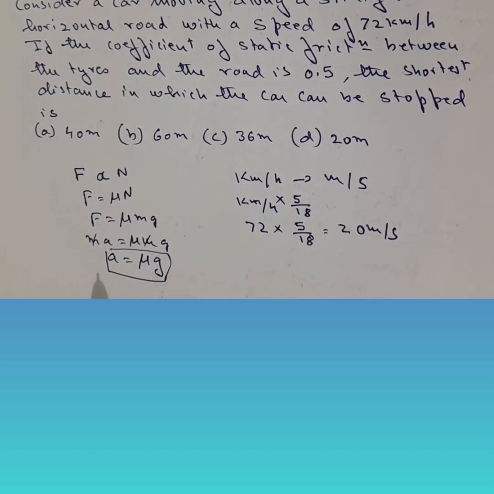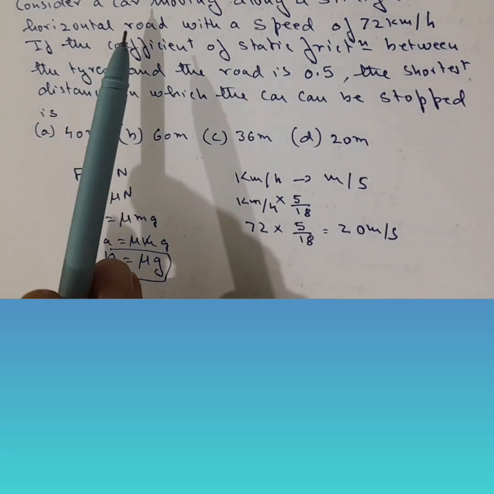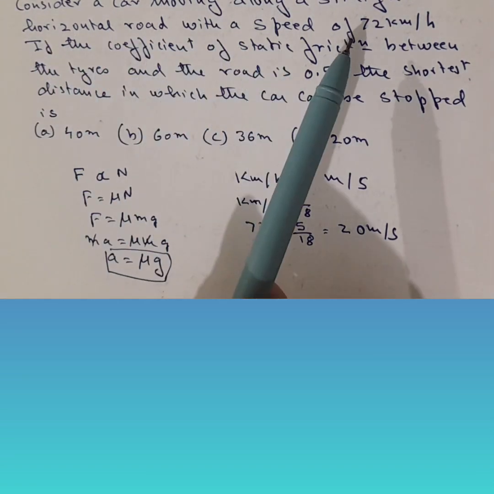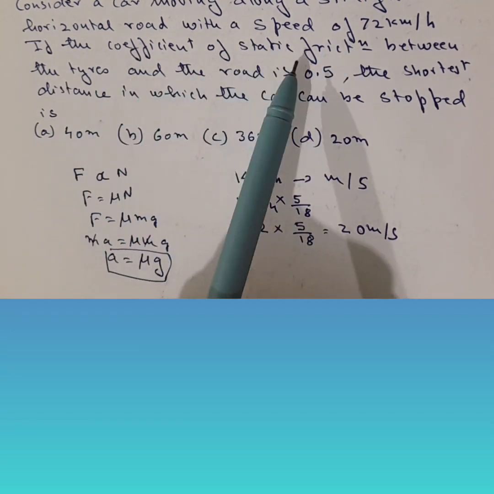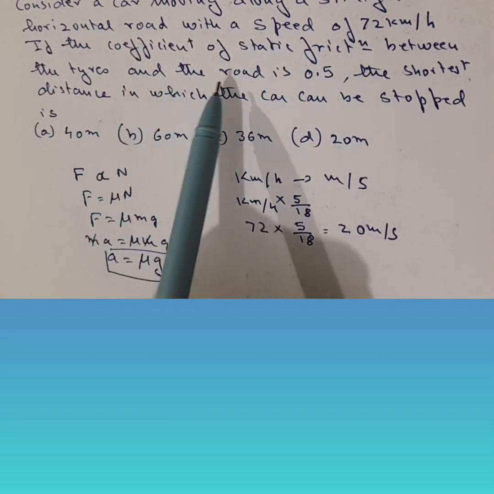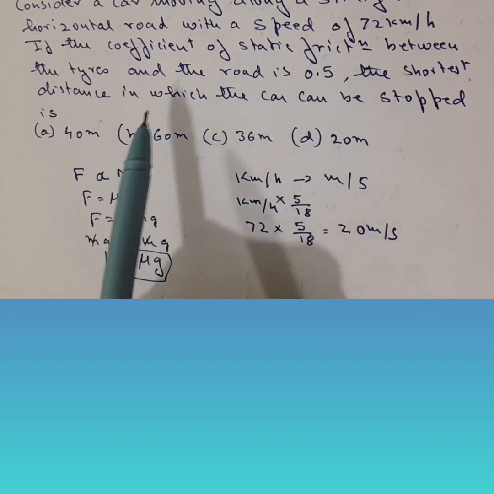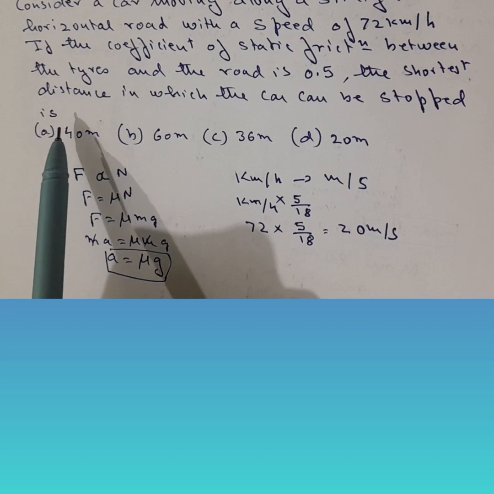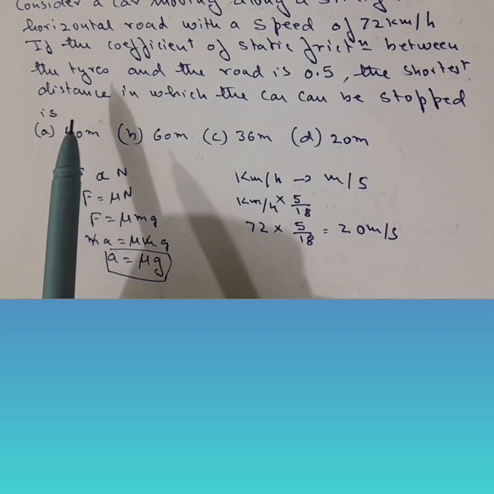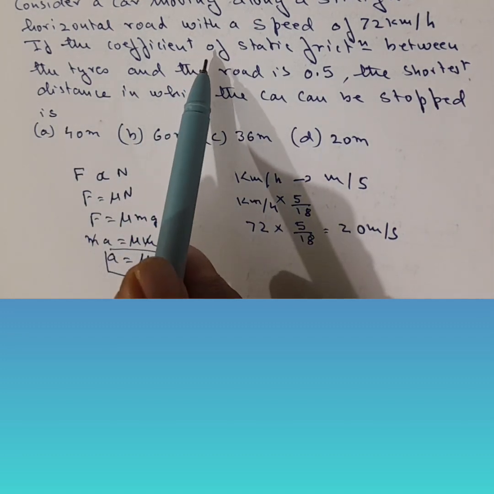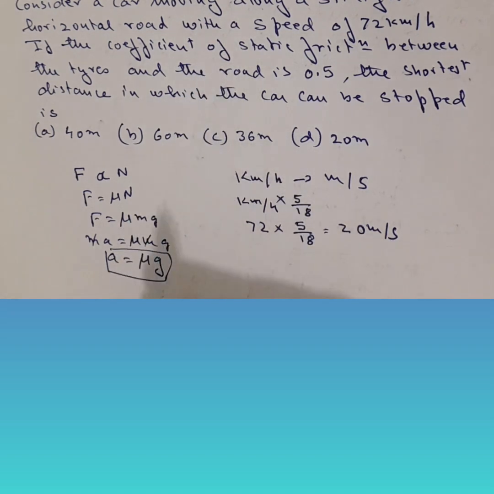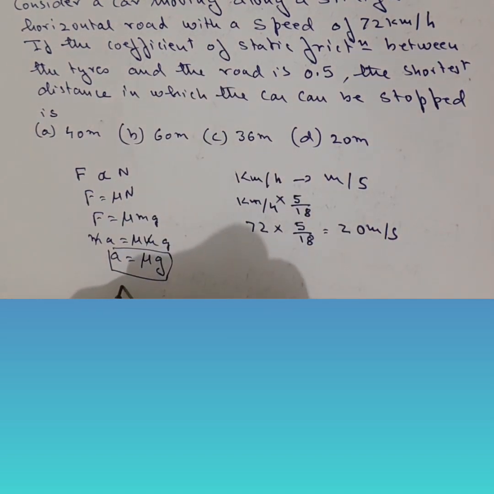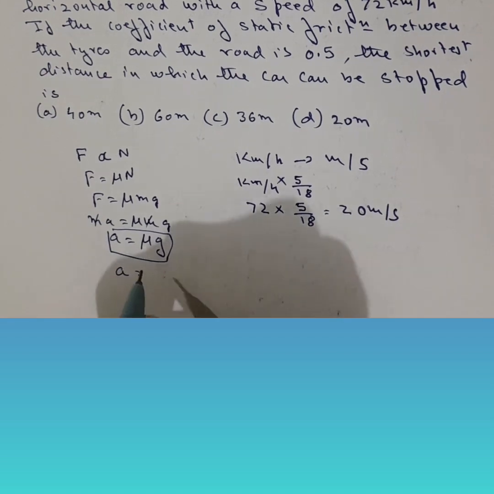Now the situation is: consider a car moving along a straight horizontal road with a speed of this much. If the coefficient of static friction between the tires and the road is this, the shortest distance in which the car can be stopped is. Now it is the frictional force which is stopping, so we are talking in terms of retardation, minus a, or we can write it as minus mu g.